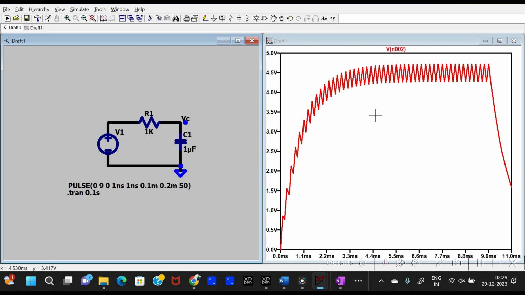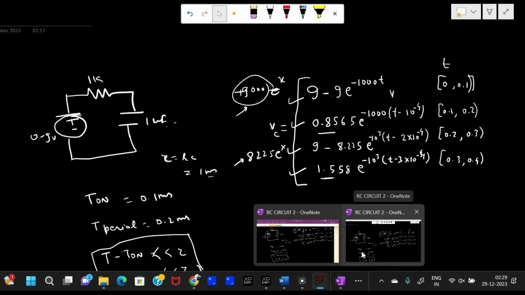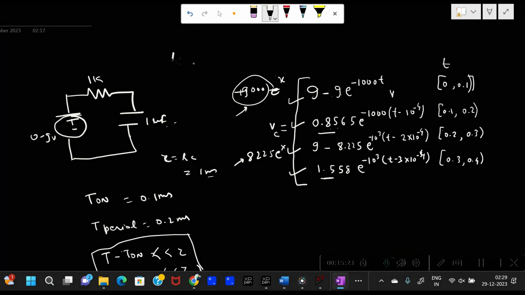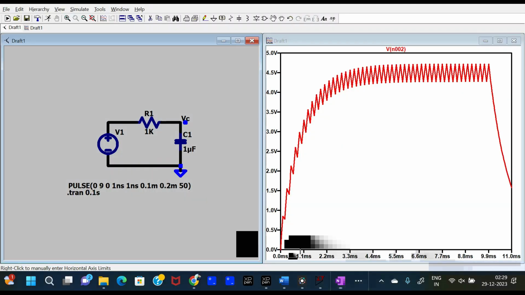To get that value, I have already explained this in the video lecture part 5, but if you want to see it, it is basically the maximum voltage the capacitor can attain, multiplied by the T on, that is the on time, divided by the time period, which is here 9 into T on is equal to 0.1 divided by 0.2, that will give us 4.5 volts. So you can see here in the graph, the value which we are getting is 4.5 volts.